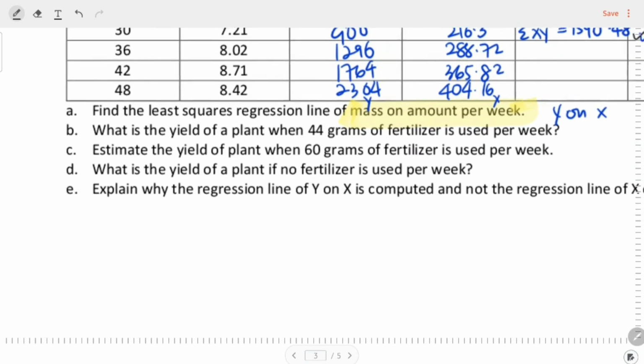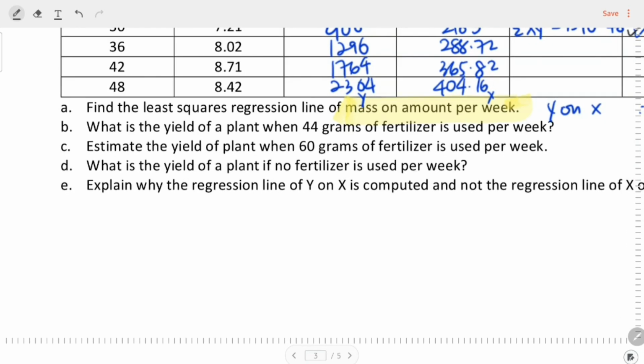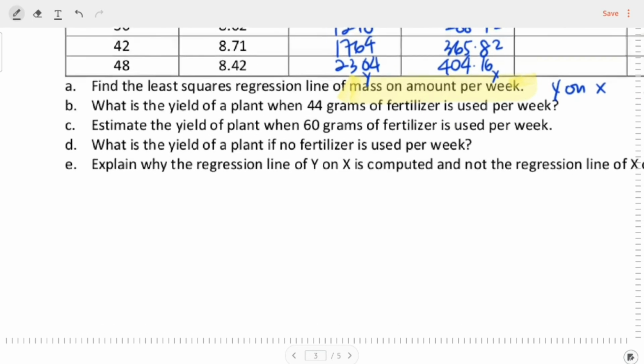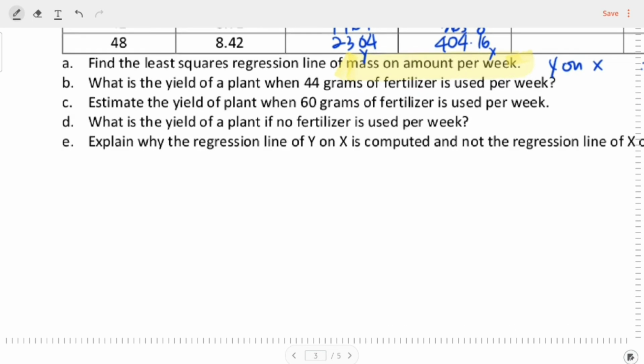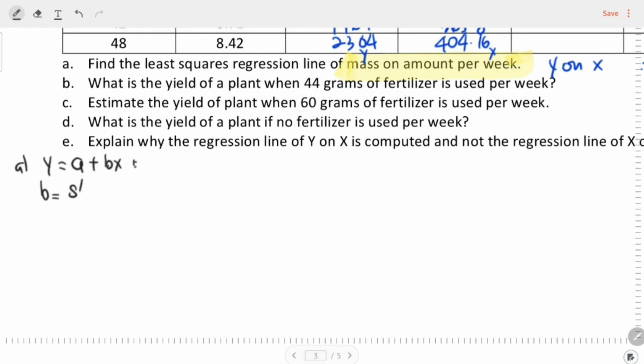That means I'm ready to answer question A. The least square regression line of mass on amount per week is y on x, so I have to find y equals a plus bx, and my b equals s prime xy over s prime xx. First I need to find s prime xy.